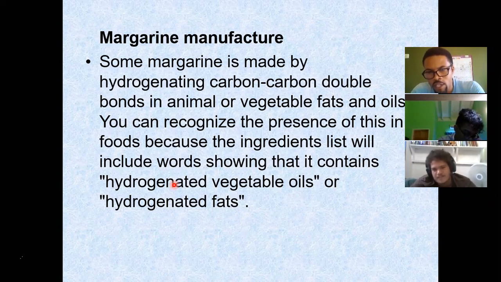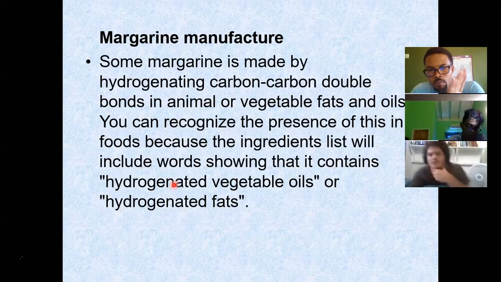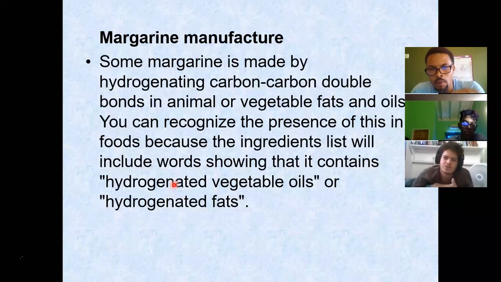But when you read in the ingredients, you're going to see hydrogenated vegetable oil, or hydrogenated oils. You take note of this, because when they do that, they're going to change the composition of the oil, and they could pass it off as being unsaturated, but it is saturated.